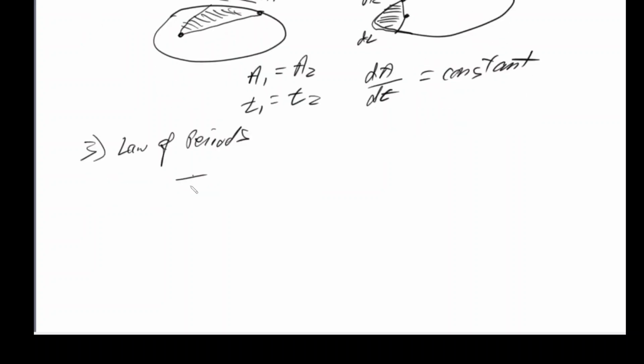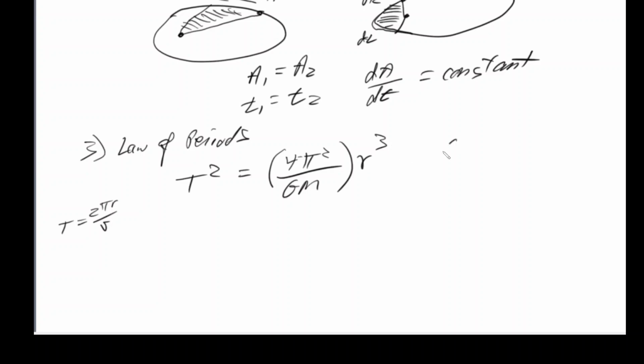So T is the period, and remember, T is the time it takes to do one orbit, and that's equal to 2 pi r over the velocity. So the third law states that T squared is equal to 4 pi squared over GM times r cubed.